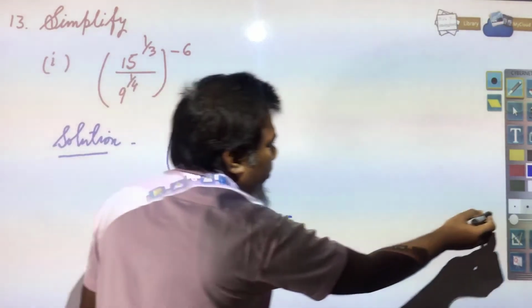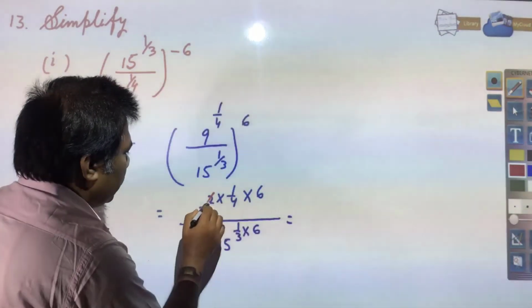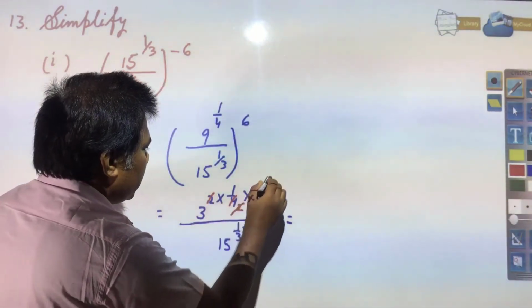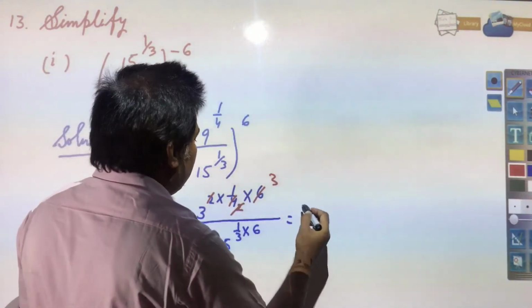See here: 2 twos are 4 and 2 threes are 6. So what will you get?